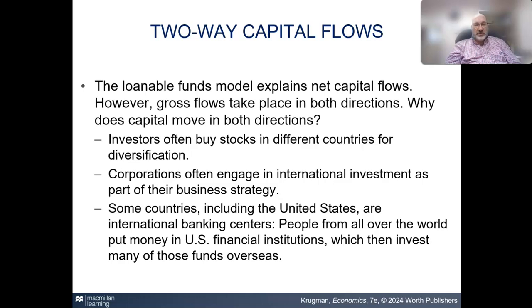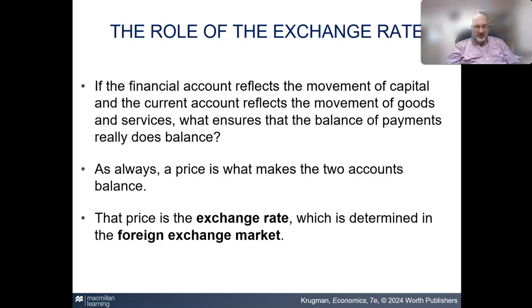And some countries, including the US, are international banking centers. So people from all over the world will put money in the US financial institution, which then invests many of those funds overseas. So the US, London, Paris, some of these major banking centers. So you've got to realize that.